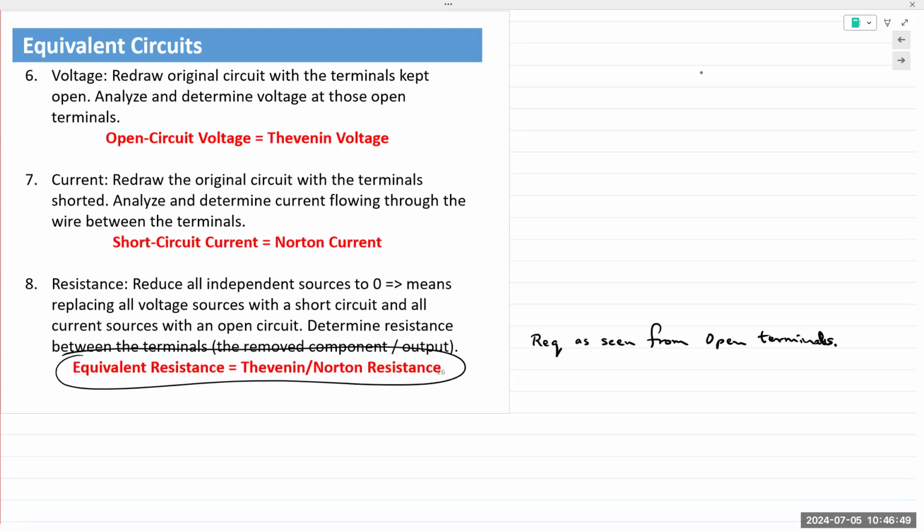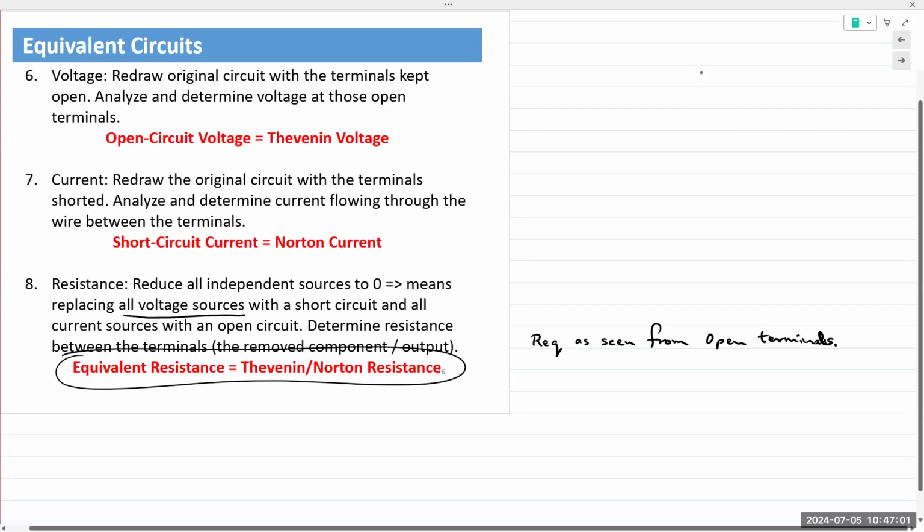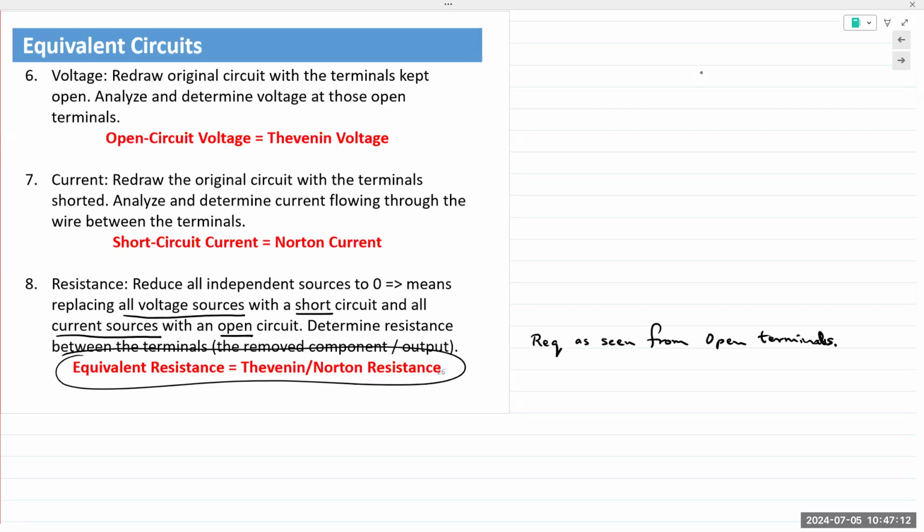And what do we do for that? Well, we reduce all independent sources to 0. Reducing all independent sources to 0 means replacing all voltage sources with a short and all current sources with an open circuit. This is something we did for application of the superposition principle.